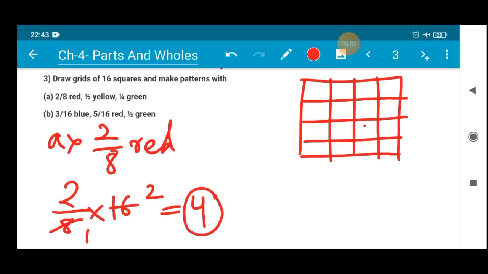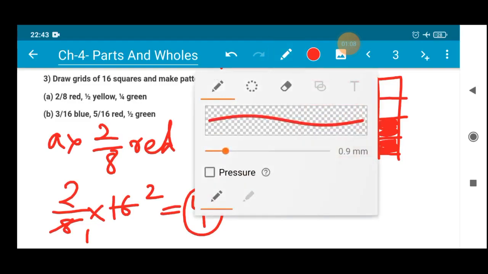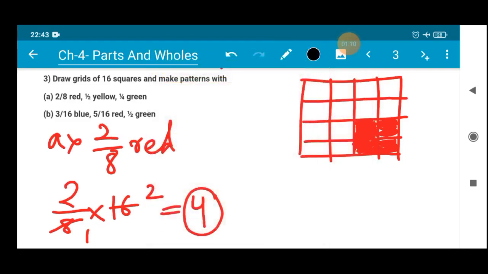Okay, so let's do it. 1, 2, 3 and 4. Yes, so let me draw the border here.